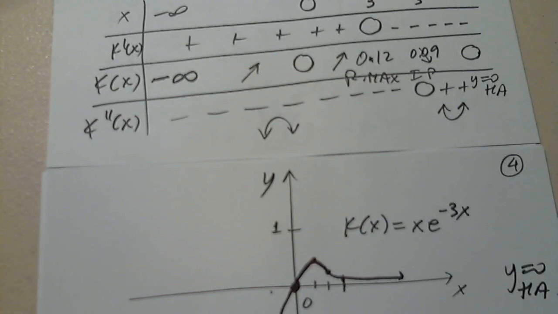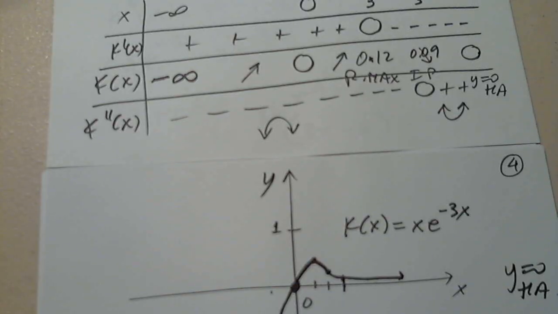Okay, so the viewing window, -1 to the maximum, okay. Y minimum, -1, and the maximum 1 with a scale of 0.2 or 0.1.